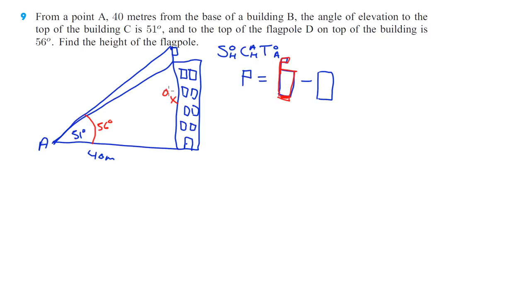So this is opposite, this is adjacent, and opposite and adjacent is tangent. So tangent of 56, because that's this whole thing here, equals x over 40. So multiply both sides by 40.